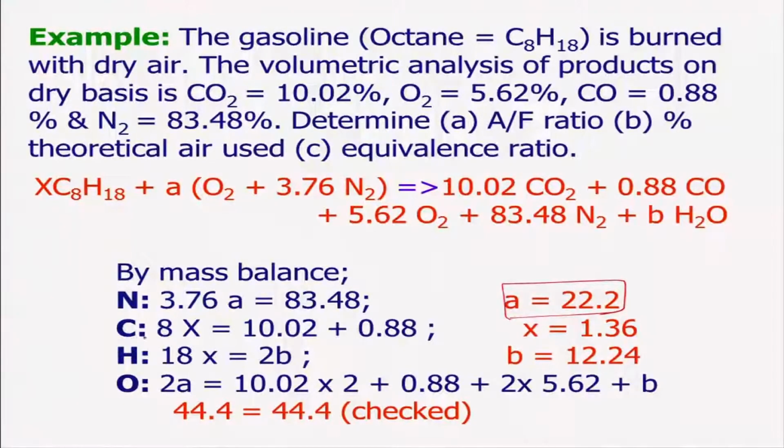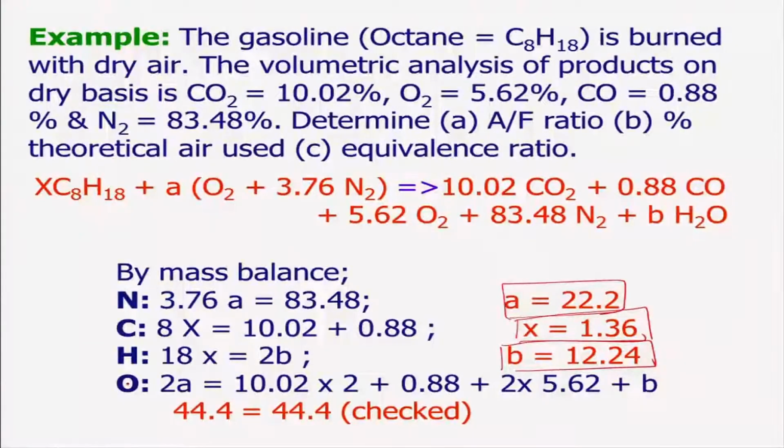Similarly, we will take the carbon, in this case left hand side it is 8X is equal to right hand side 10.02 and carbon monoxide, that is 0.88, and you will find X is equal to 1.36. And now we will consider the hydrogen, that is 18X is equal to 2B, that is for the water, and then you will get B is equal to 12.24.